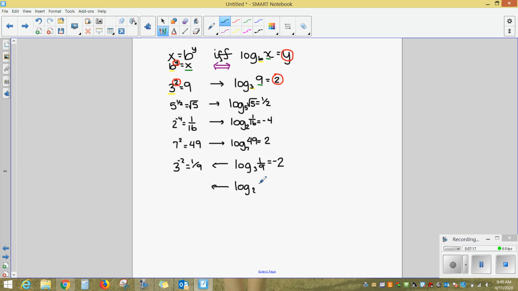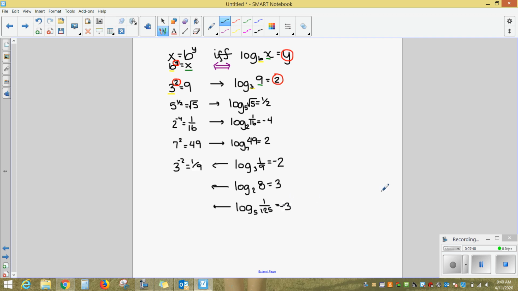So, take log base 2 of 8 equals 3 and put it back in exponential form. Log base 5 of 1 over 125 equals negative 3. That's a negative sign.